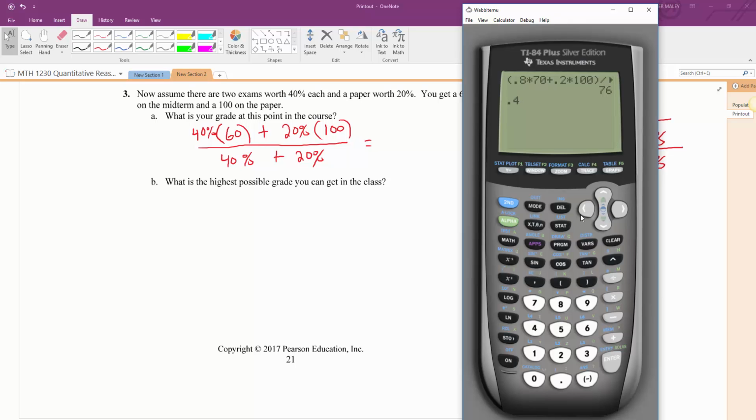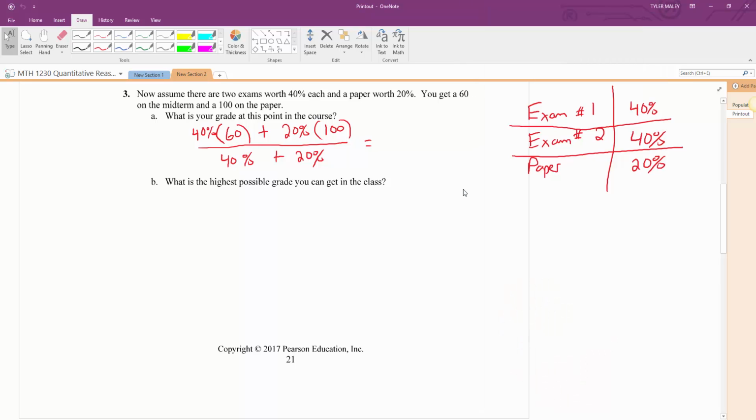Need to open up my parentheses. So we have 0.4 times 60 plus 0.2 times 100, divided by 0.4 plus 0.2. You get roughly 73.3 as your grade.